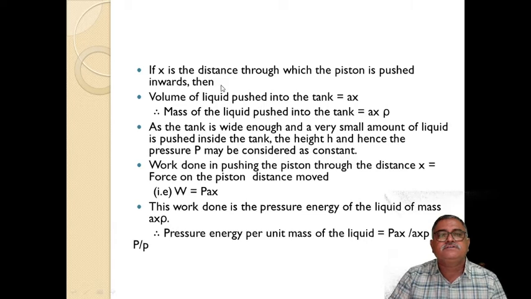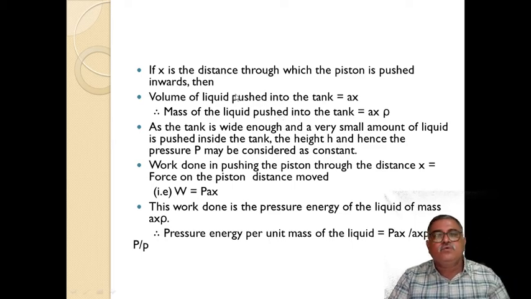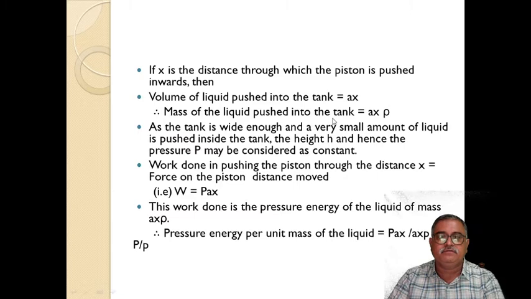Then the volume of liquid pushed into the tank is A into x, and the mass of the liquid pushed into the tank by the piston is A x into rho.